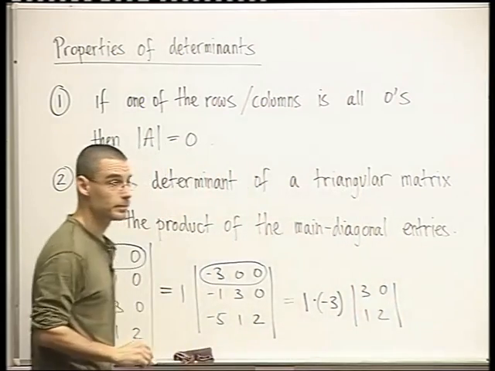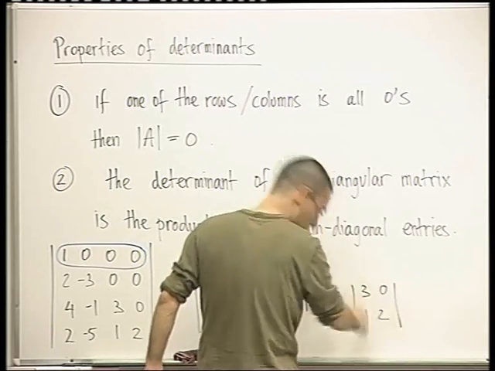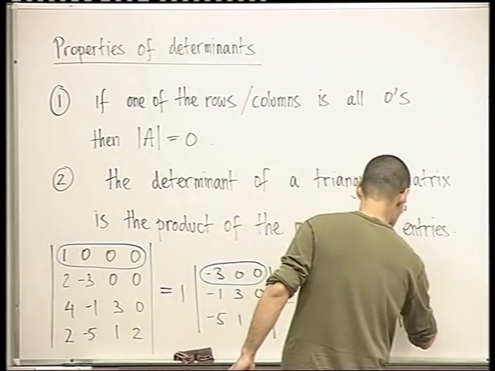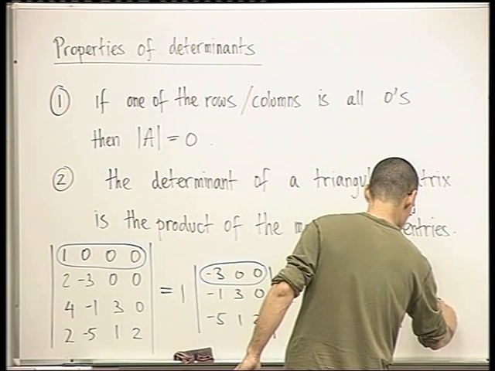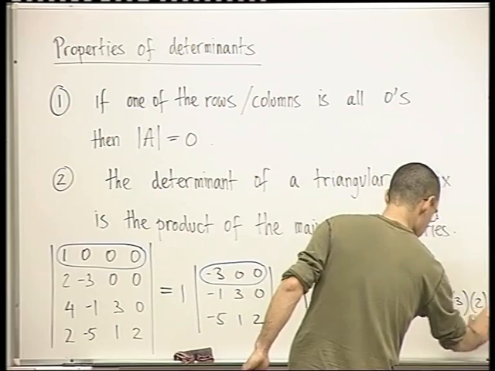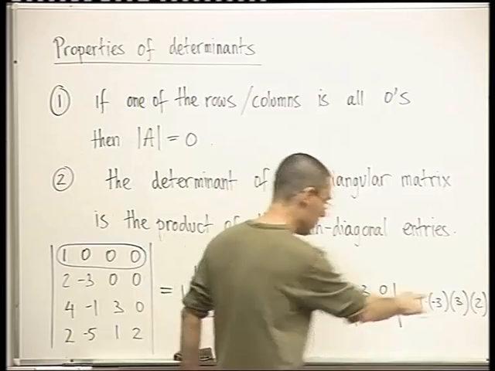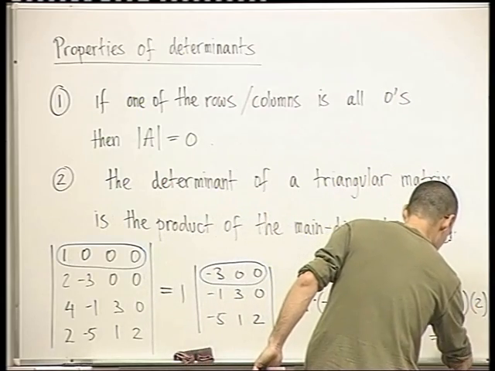That's it. And this is just 3 times 2 minus 0 times 1. So I get 1 times negative 3 times 3 times 2. You can calculate this number. It happens to be, what, 6 times negative 3, negative 18.